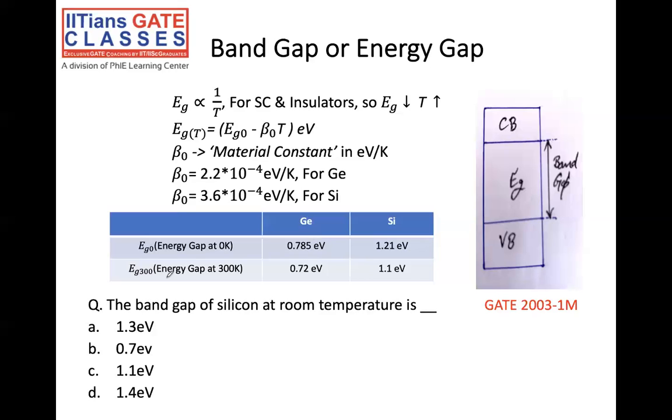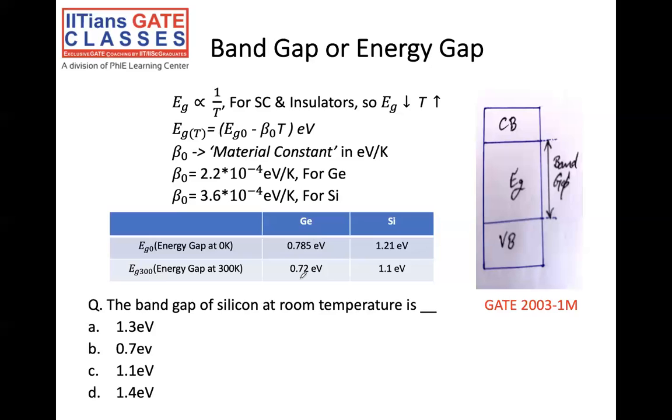At higher temperature, that is room temperature 300 Kelvin, its value decreases to 0.72 electron volt, and for silicon it is 1.1 electron volt.